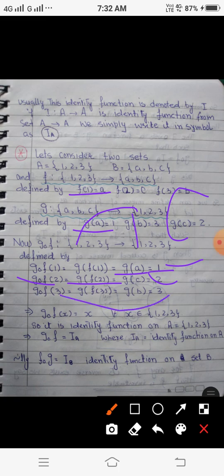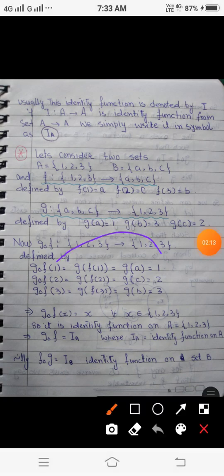So this means that g of f of x is simply x, because 1 is mapped to 1, 2 is mapped to 2, and 3 is mapped to 3. This implies that g of f of x is simply x for all x belonging to {1, 2, 3}, because this is the domain for the function g of f. So the composition of these two functions f and g is the identity function, that is the function which maps each element to itself.